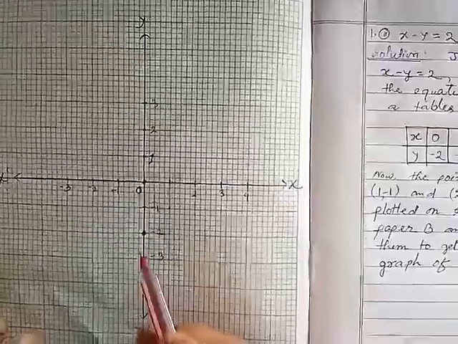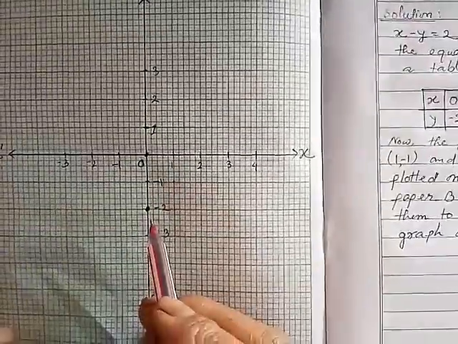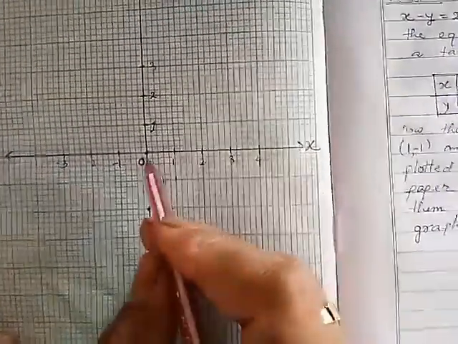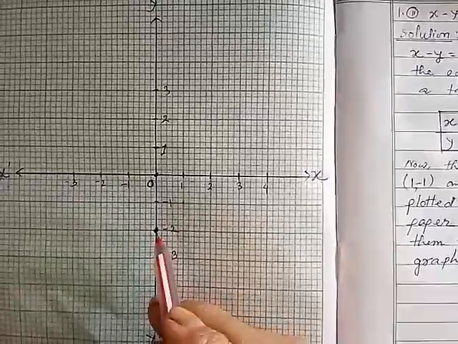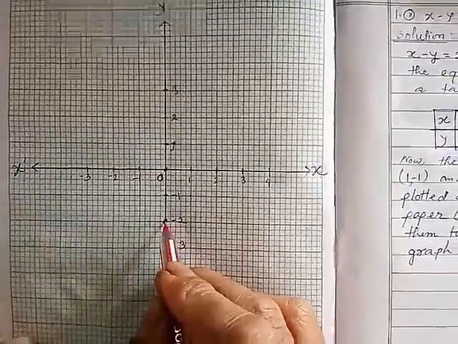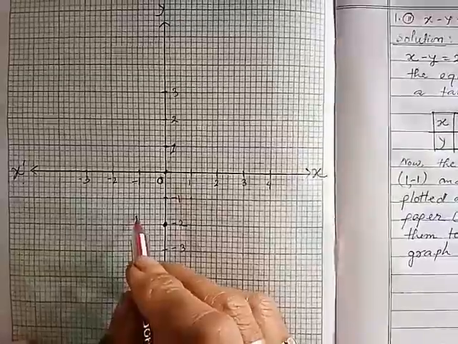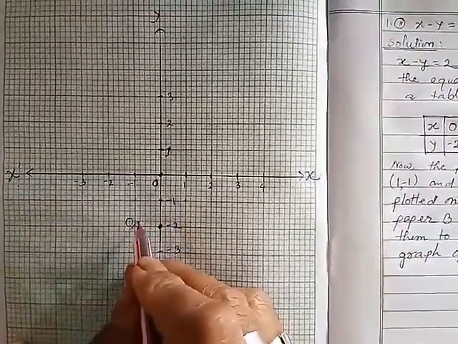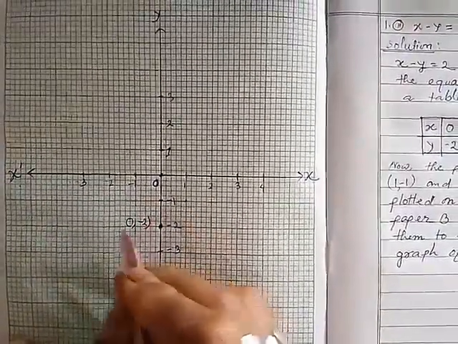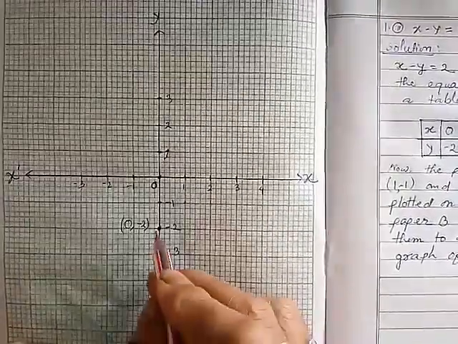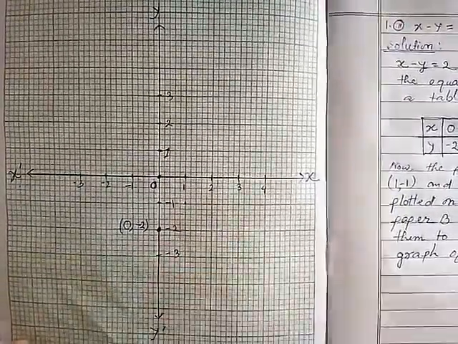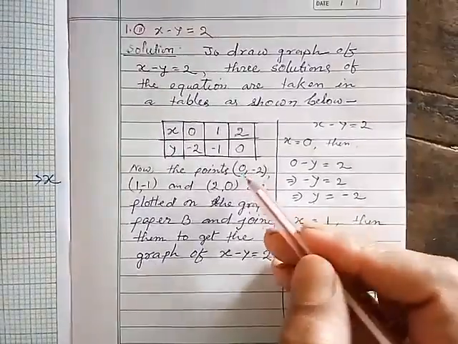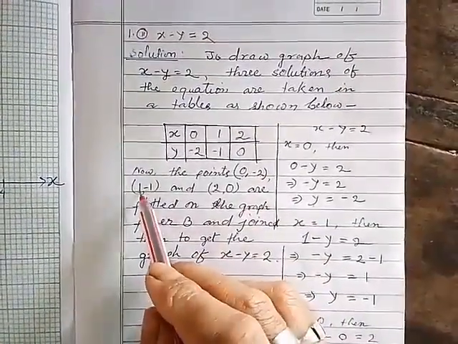The first combination is 0, minus 2. The x coordinate is 0, the y coordinate is minus 2. So it falls here. Okay. And the next point is 1, minus 1.